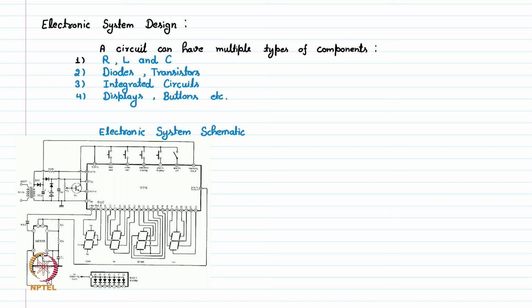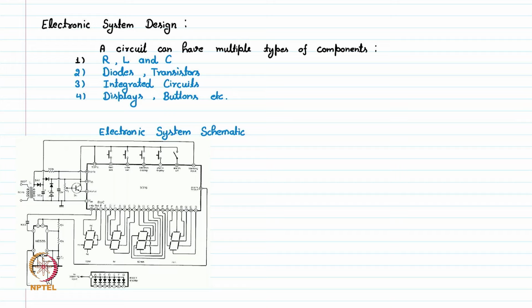We connect all the components together and simulate the whole schematic, and we check the performance of this system. We design it in CAD software to meet our end goals or specifications.